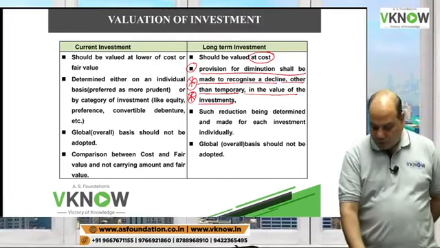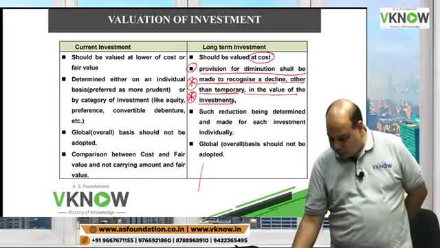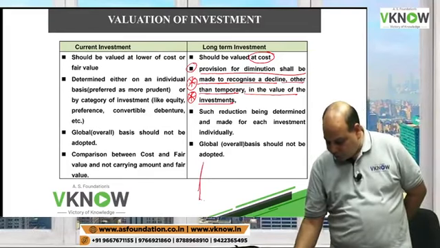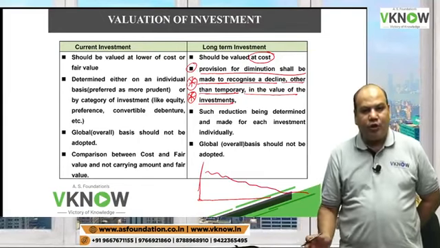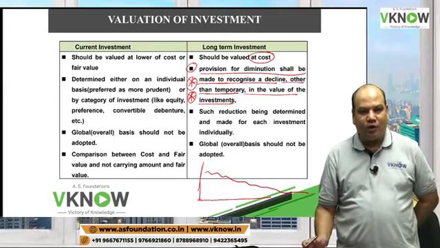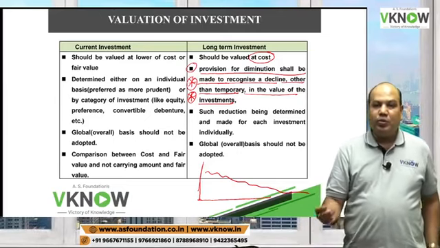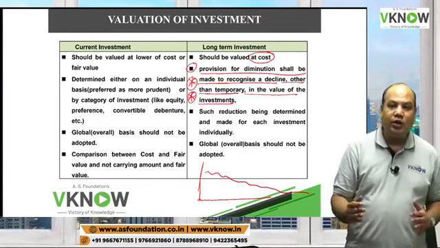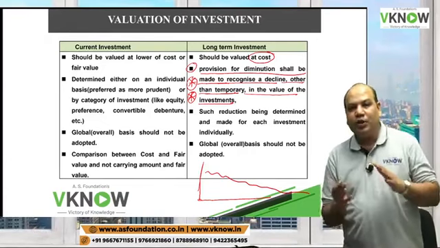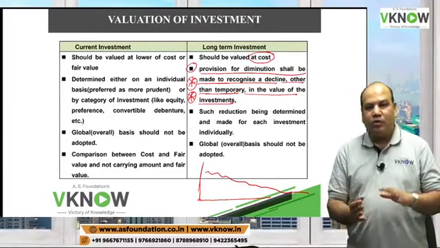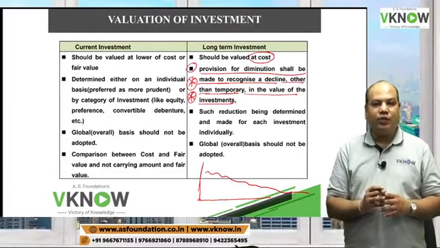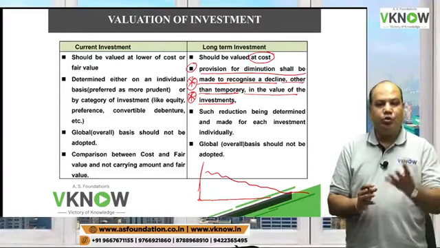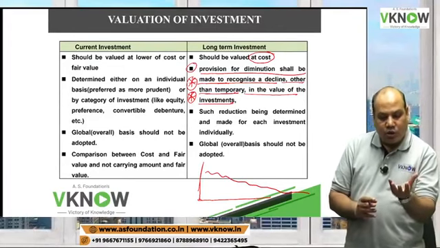For example, suppose this is the graph of a company's share and it is continuously falling year after year. Maybe 6 months you will ignore, 3 months you will ignore, but you find that the entire year the prices were falling. Last year also the prices were falling. Then you look at their balance sheet. Oh, there is a loss.